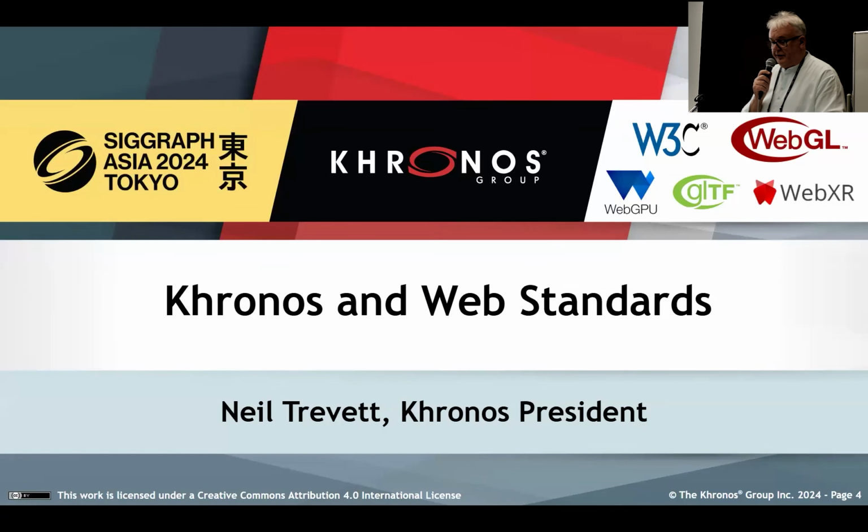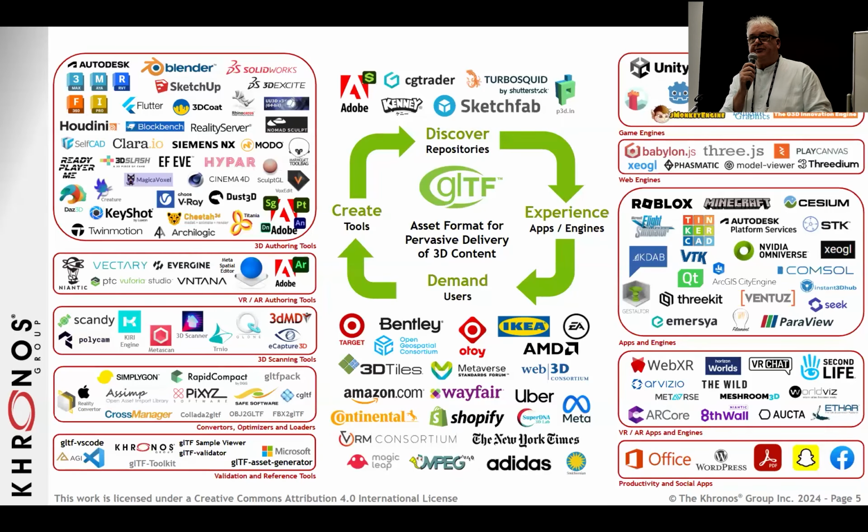So let me start with the Khronos updates. A lot of the Khronos standards are used in the web. Perhaps one of the best known ones is glTF. It's the asset transmission format for efficiently providing assets into any application, web or native. It's a full-time job keeping this ecosystem slide up to date, but it is very widely used.